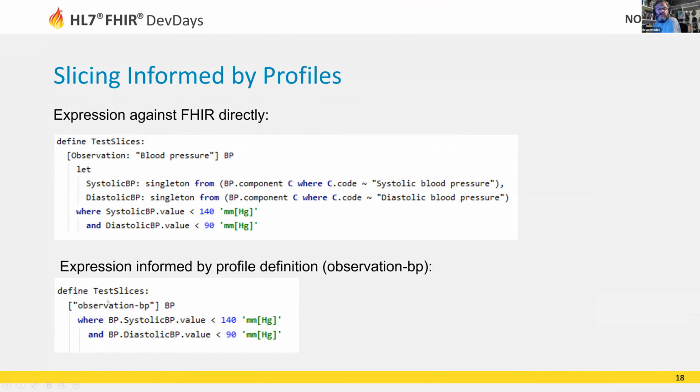And so by using a model that's informed by that profile definition, we can actually retrieve observation BP directly. And now we have all of that logic expressed with this much simpler expression. So I can retrieve observation BP where the systolic BP value is less than 140 and the diastolic BP value is less than 90.